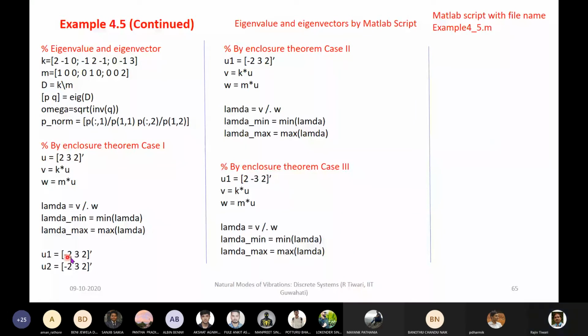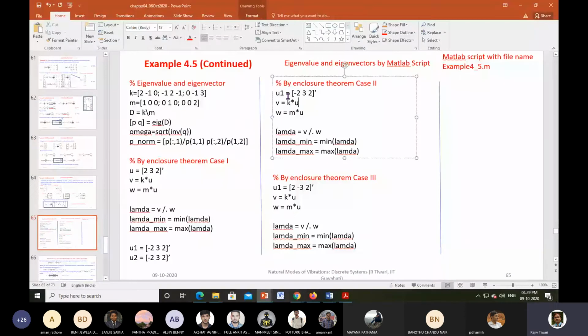Now the other two, V1, as I said, if -2 is there, 3 and 2 is there, the same procedure can be followed. If we are saying V1, then this will be correspondingly this, and we can define this as so.